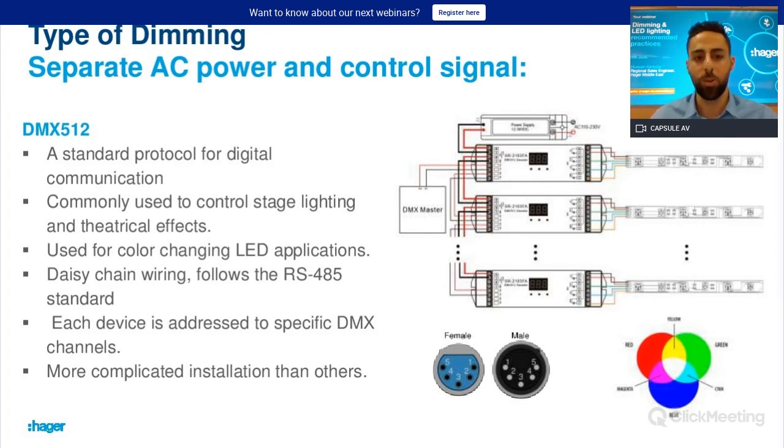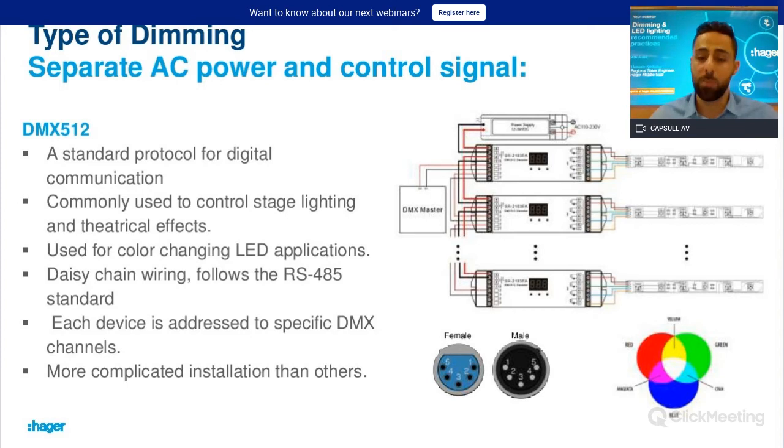It's a standard protocol for digital communication. It's used mainly to control stage lighting and theatrical effects. So mostly and everywhere we see moving heads, changing lights in studios, it's a DMX system. In our homes, it's used to change the color of the LED, as simple as it is.